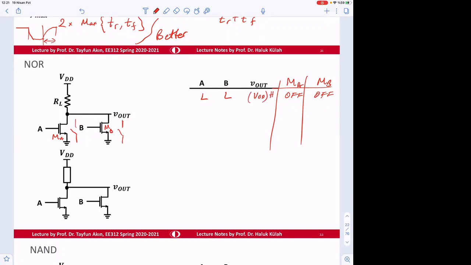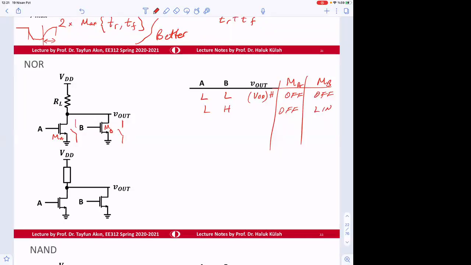Okay, so if one is low, this one is high, then MA is going to be still off, but MB is going to be in linear.